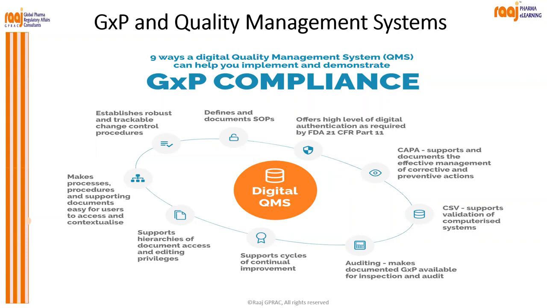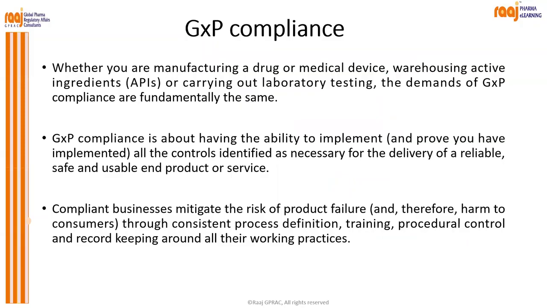And there are so many things which I have already spoken about. So at the end, whether you are manufacturing a drug or medical device, warehousing active ingredients, or carrying out laboratory testing, everything demands GxP compliance, and it is fundamentally the same. Everywhere it is the same.